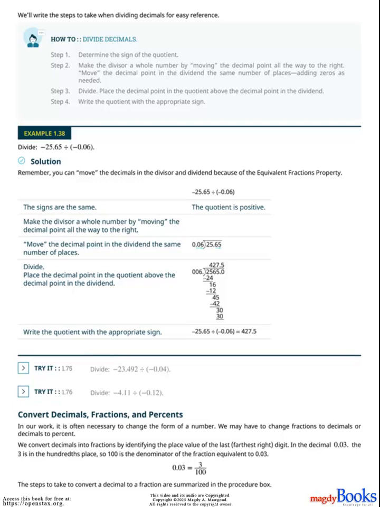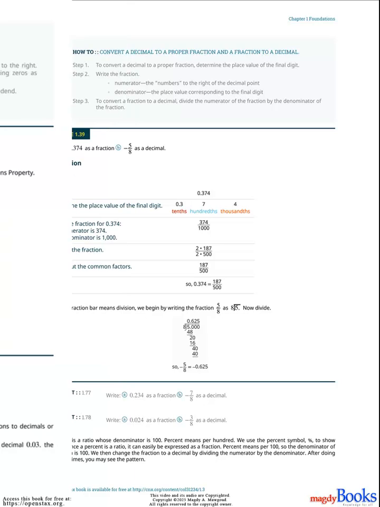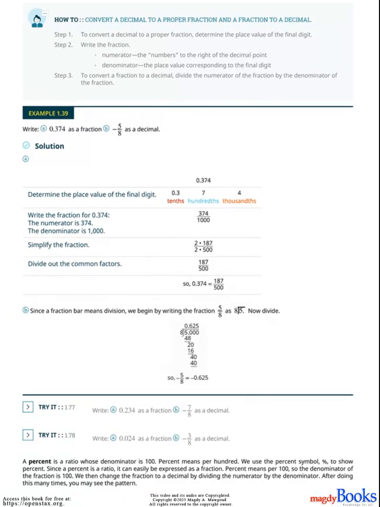The steps to take to convert a decimal to a fraction are summarized in the procedure box. How to convert a decimal to a proper fraction and a fraction to a decimal. Step 1. To convert a decimal to a proper fraction, determine the place value of the final digit. Step 2. Write the fraction.